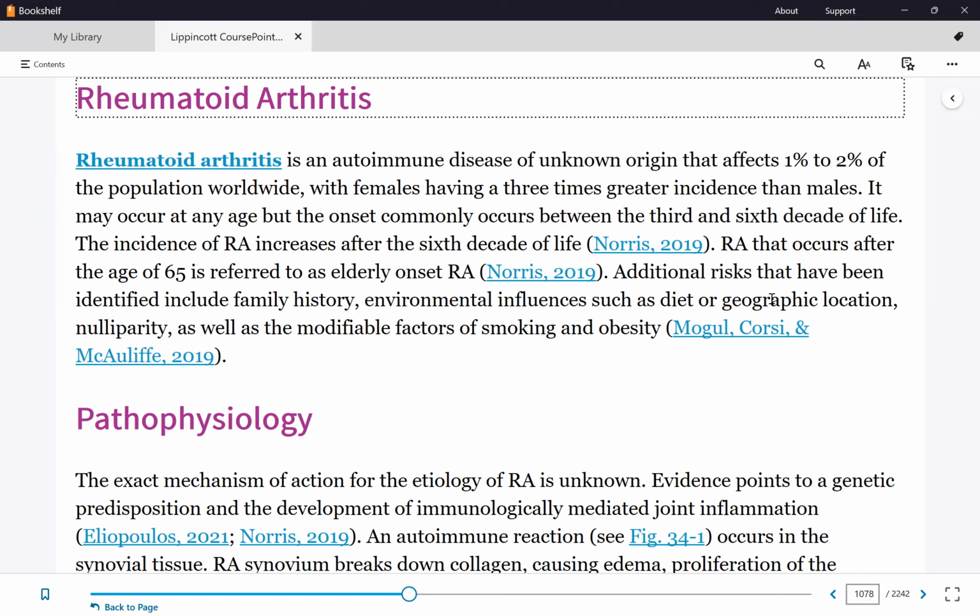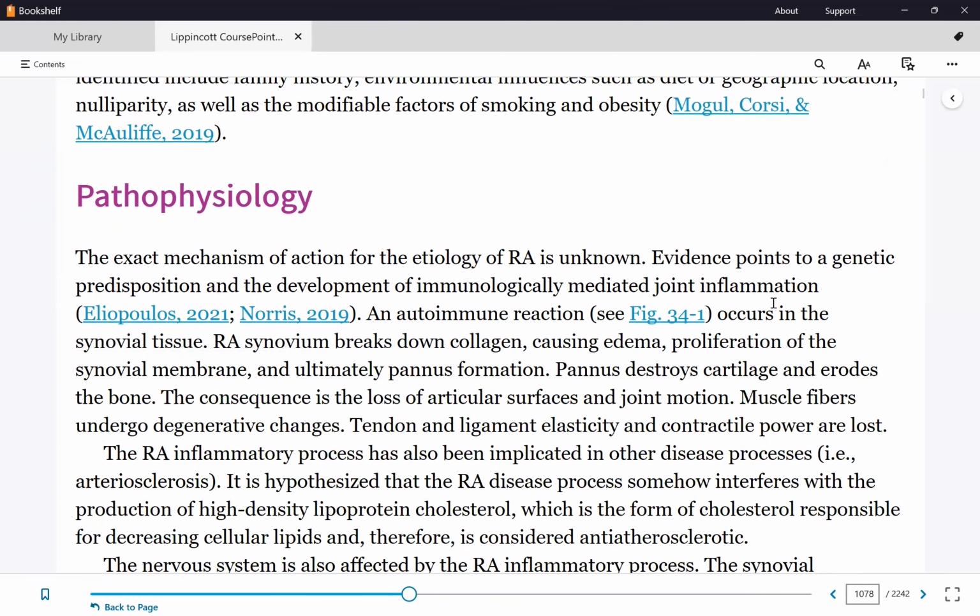Okay, that's a lot of people suffering from the disorder, and mostly females compared to males. Onset is in your 30s to 60s. As with any other autoimmune disorder, we don't know why it develops.